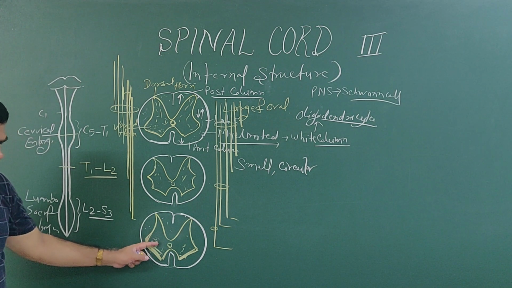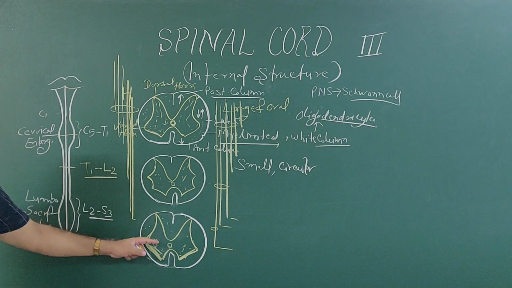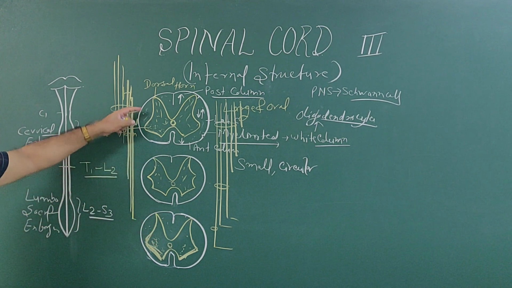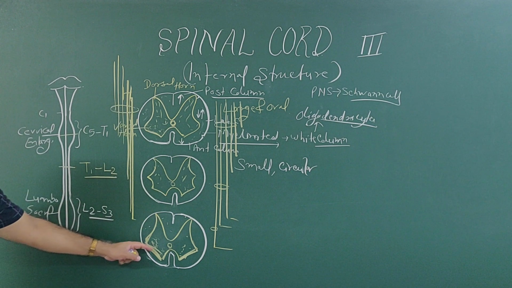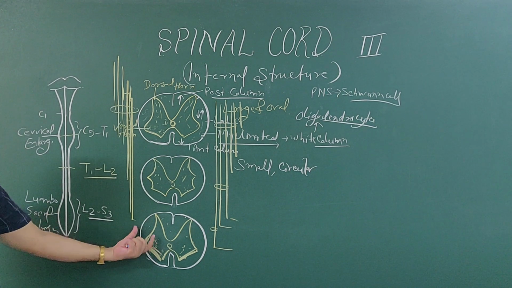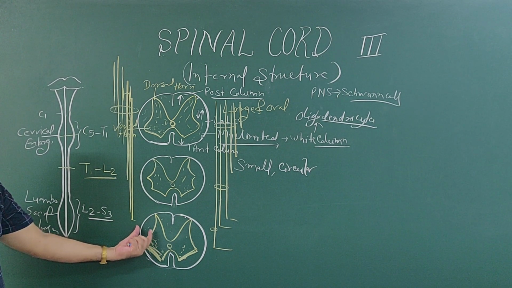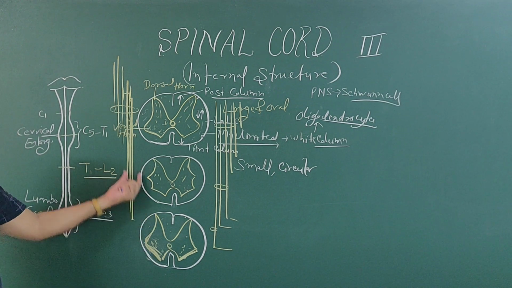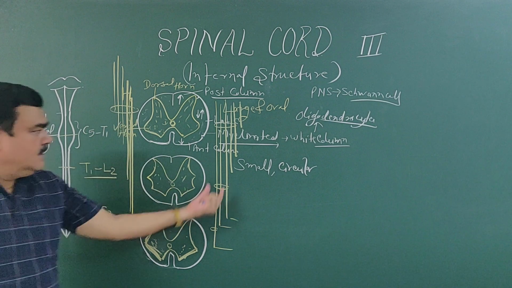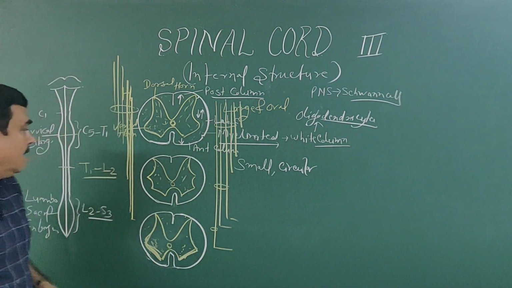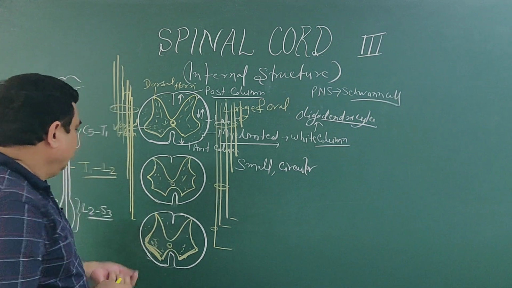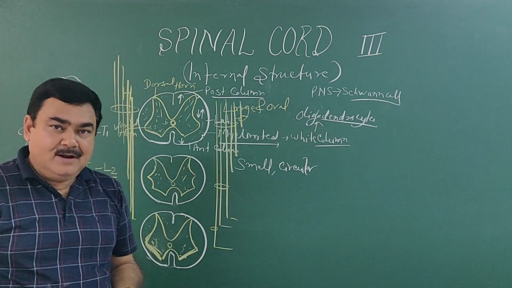And if you go from below upward, the area of the white matter increases. Here you can see, these numbers are increased. So this is the transverse section at different levels.